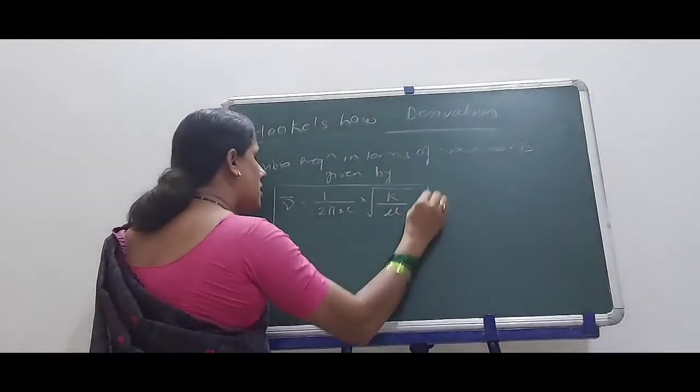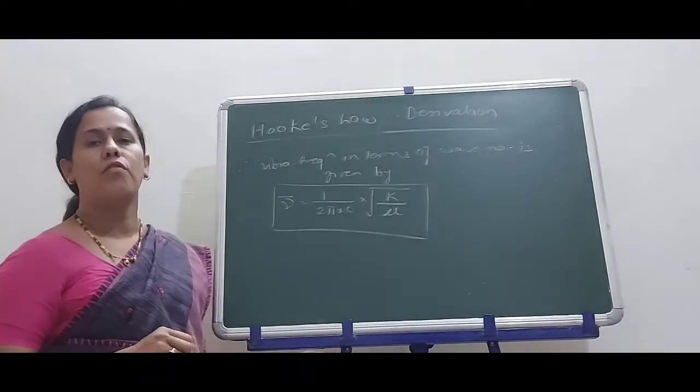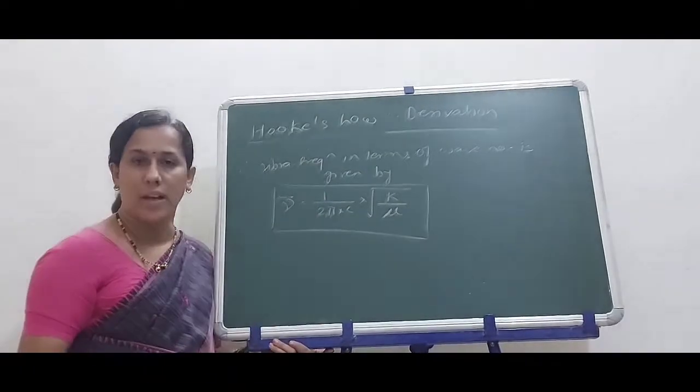Okay, this is the simplified mathematical form of Hooke's law derivation.